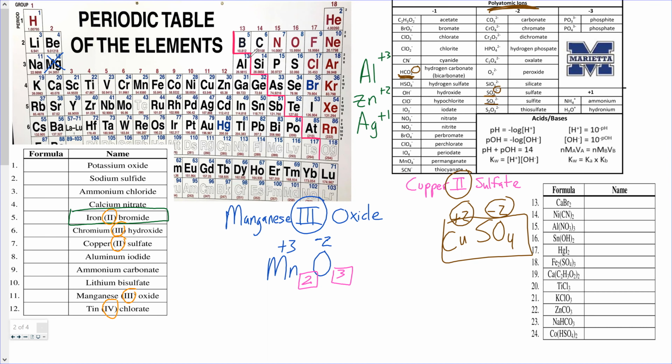Excellent, 2 and 3. I need 2 Mns, and then I need 3 oxygens. So this is Mn2O3. Excellent. Any questions?